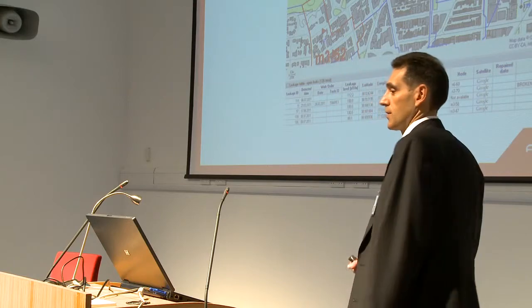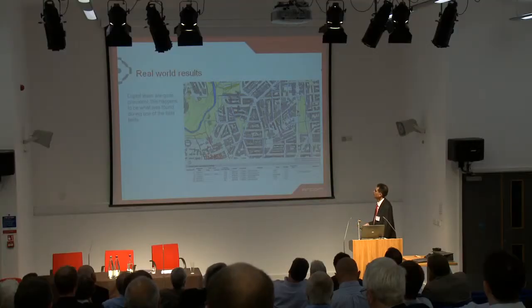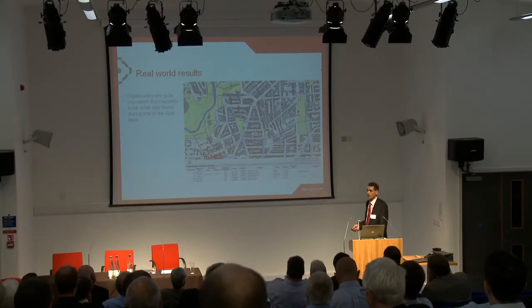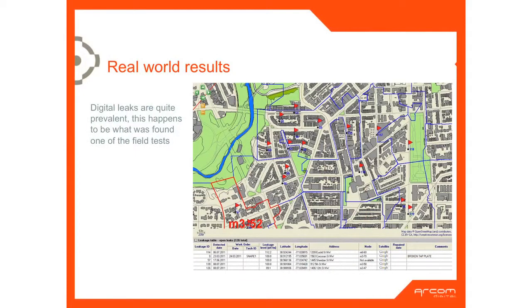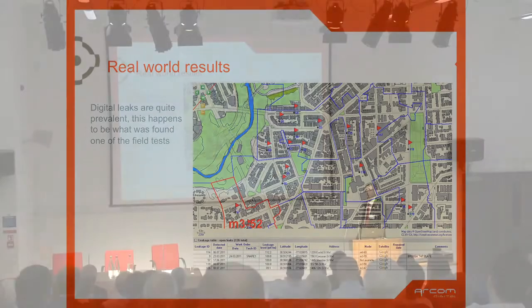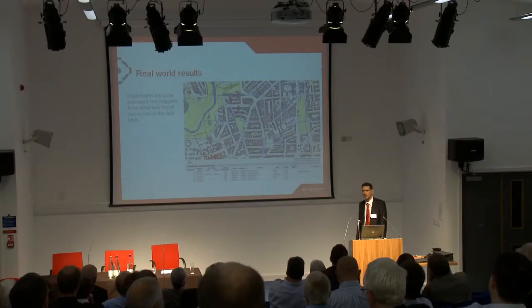Here are some real-world results. You can see there are many red flags. This is Washington, D.C. All these flags are marking spots where the new technology discovered leakage sources of level greater than 100 microvolt per meter.